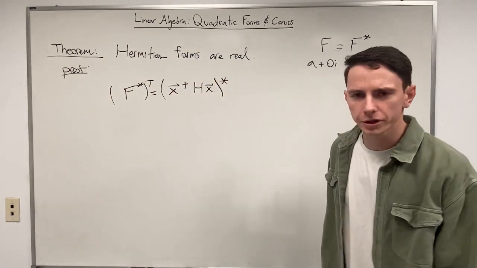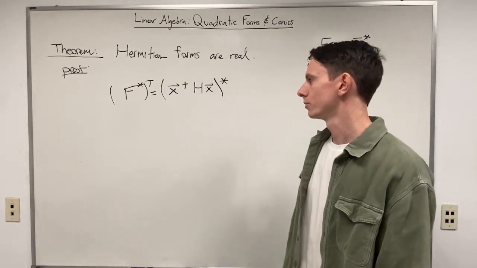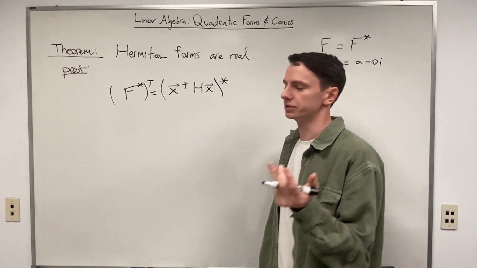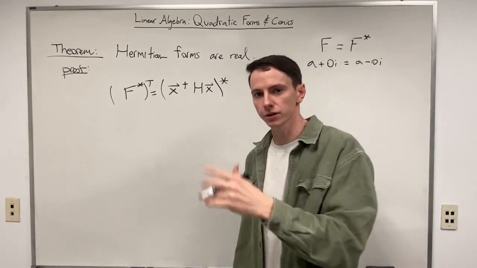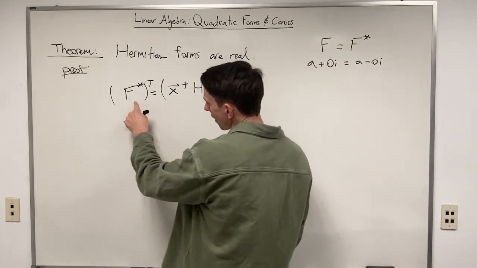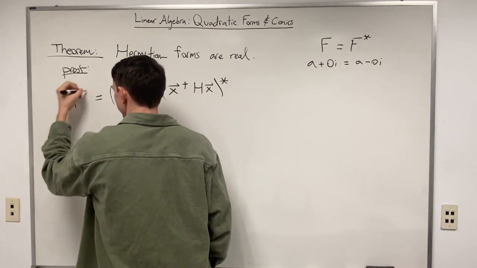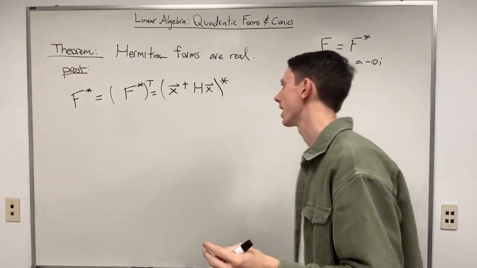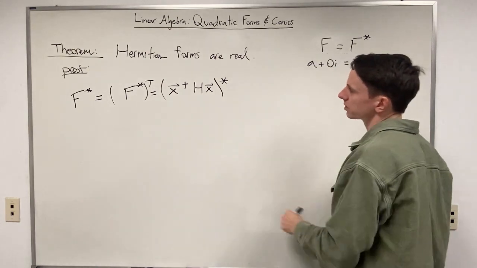And hopefully we're familiar with the fact that because f is a scalar, when I take its transpose, I'm not actually doing anything to a scalar. The transpose of a scalar is just itself. So f star transpose is still the same thing as just f star. We're not changing that.